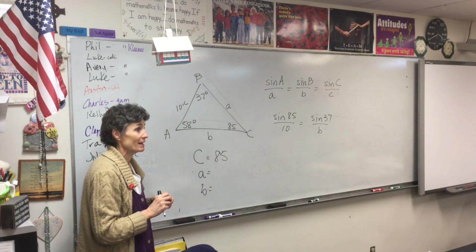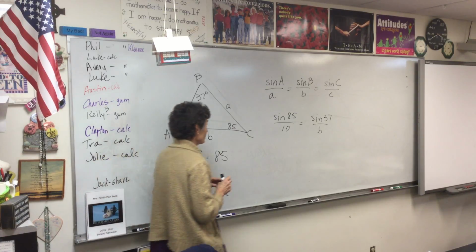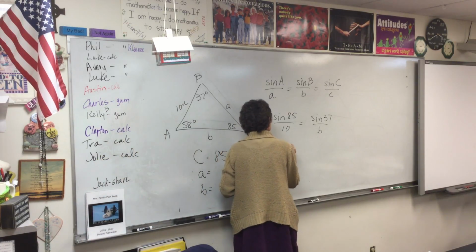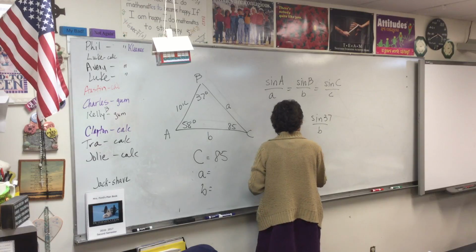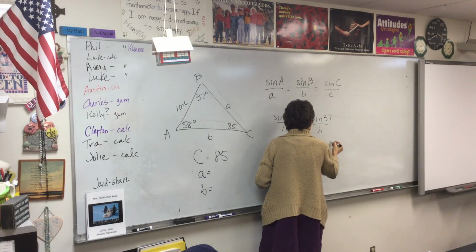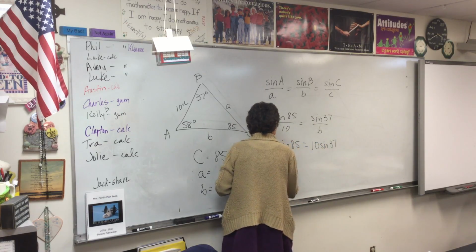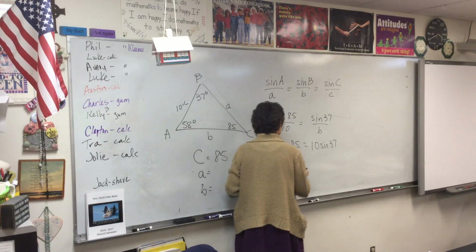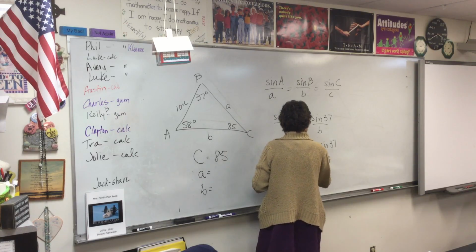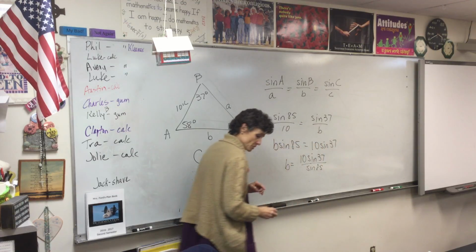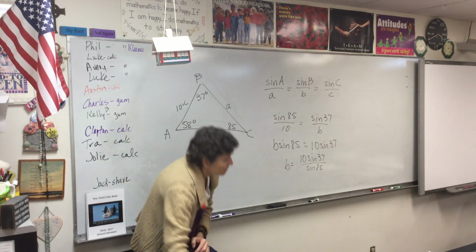Remember, I'm going to get B by itself. I cross multiply. So B sine 85 equals 10 sine 37. So B ends up equaling 10 sine 37 over sine 85. So then I just go to my calculator.